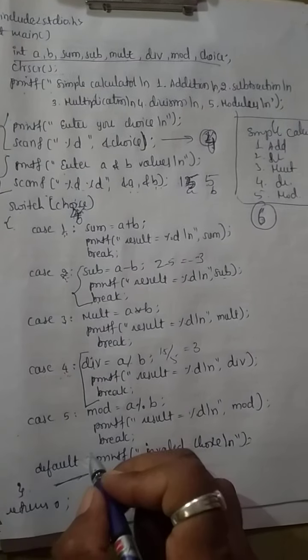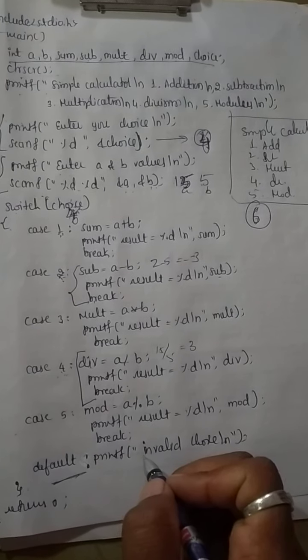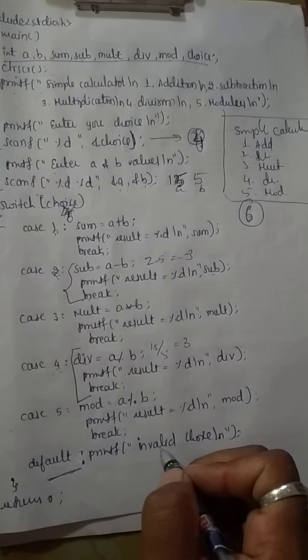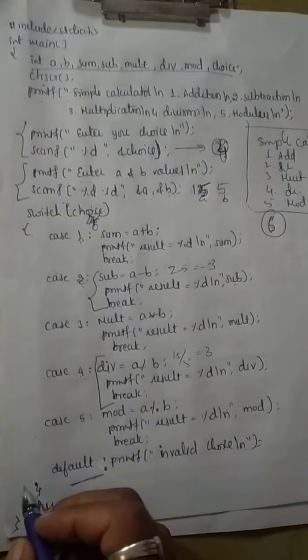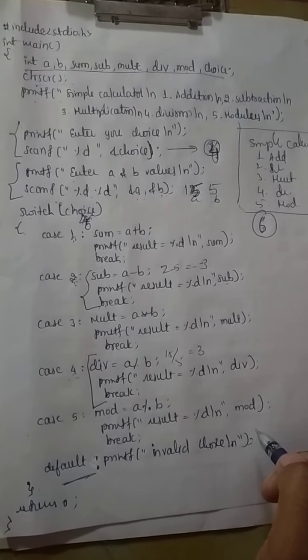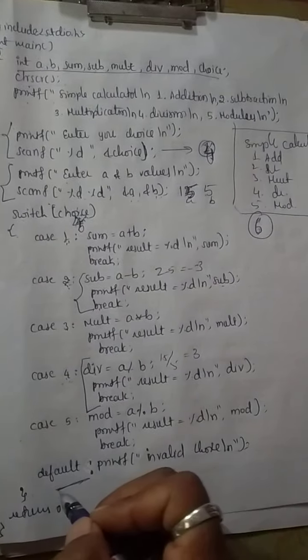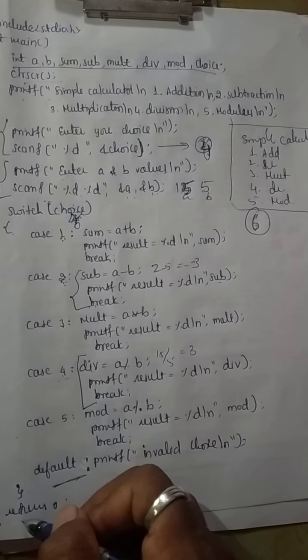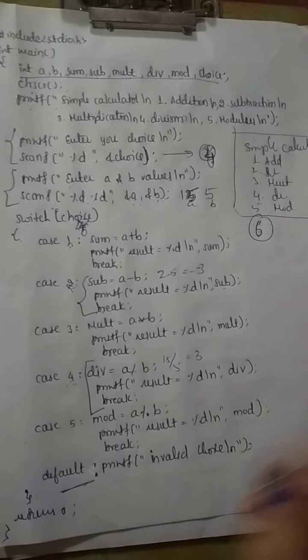The default case will be executed. According to this default case, you can print one message, like "Your choice is invalid." Otherwise you can print "Enter the proper choice." So you can give your own messages here. Then the switch case will be terminated so that you will get the output as invalid choice.